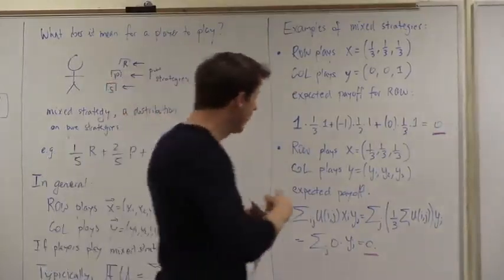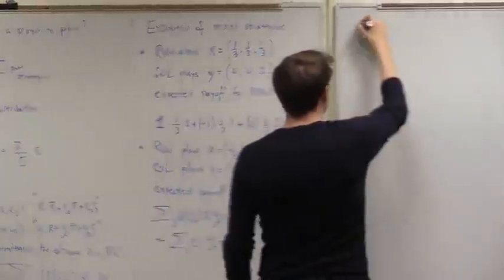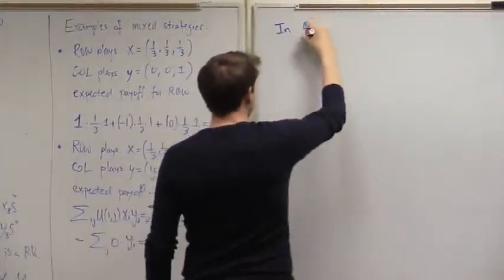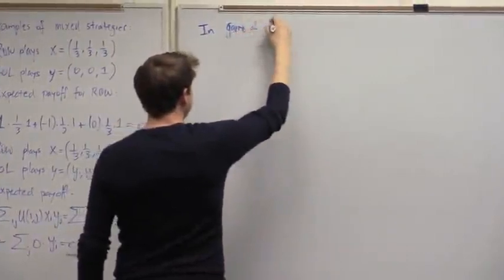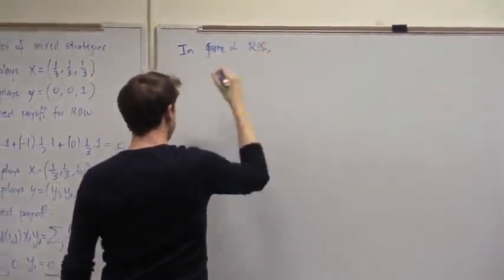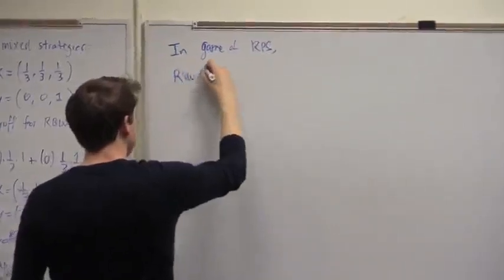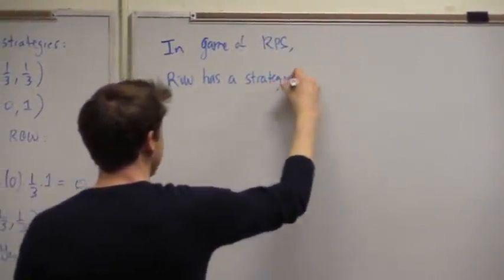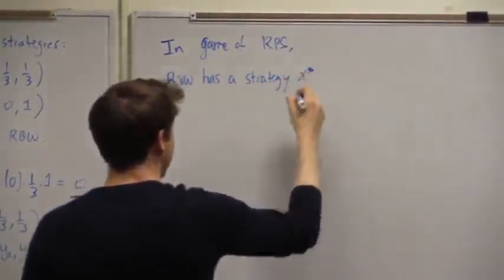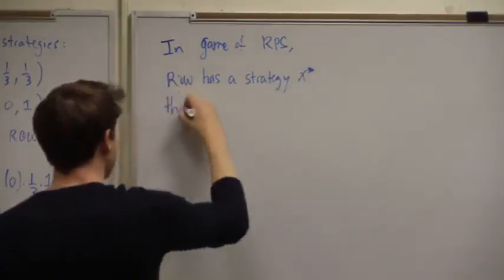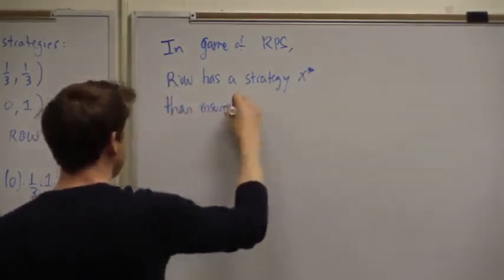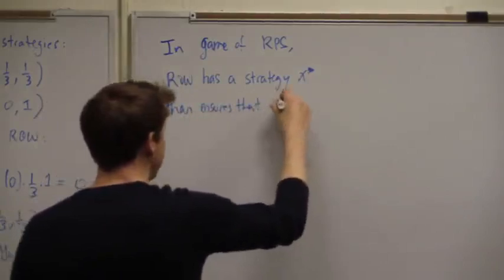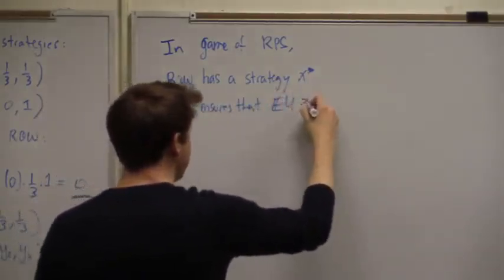So we learned something: in the game of rock, paper, scissors, row has a special strategy, x star, the random one, that ensures that the expected payoff is at least 0.